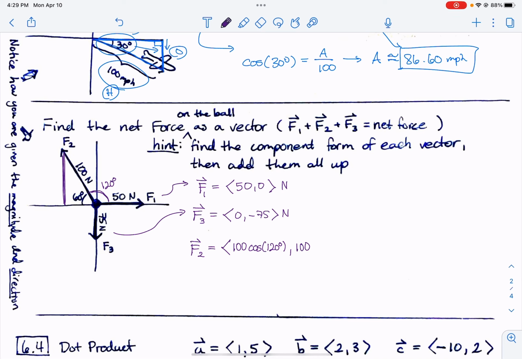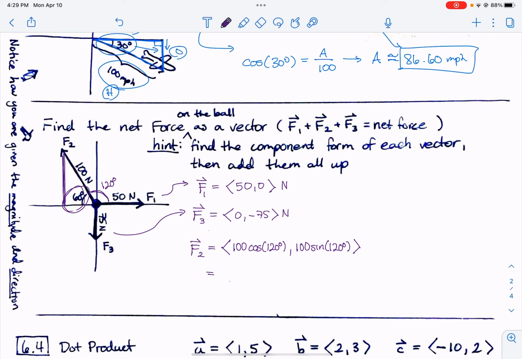For the y component, it will be 100 times sine of 120. So that's a nice little trick that's automatically going to make it positive or negative based on the situation. If you use 60 in your cosine and sine, just know that both those numbers are going to be positive from your calculator, but one of them should be negative, and we're going to see which one it is.